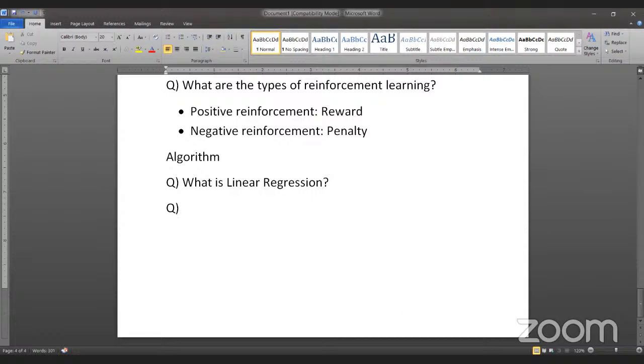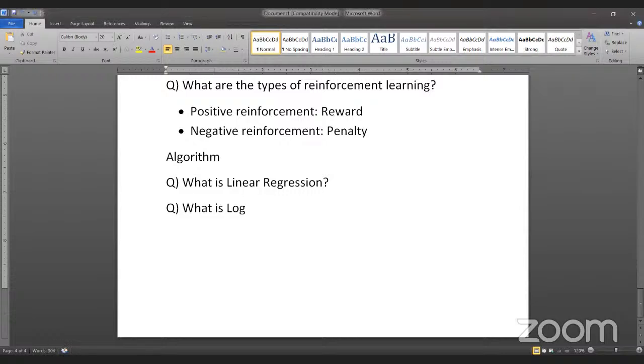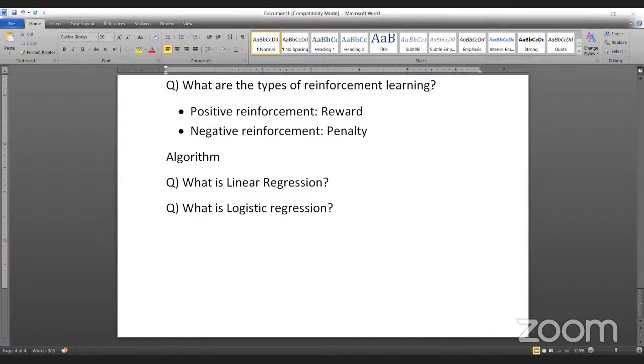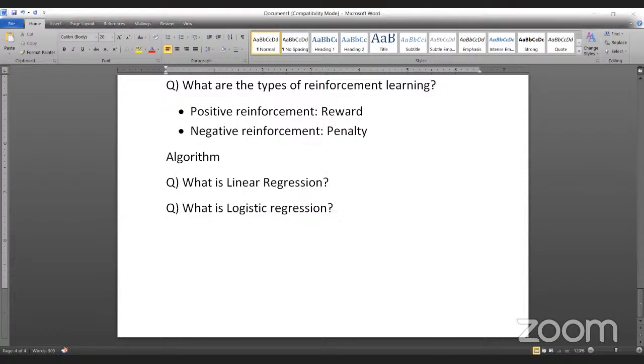Now next, what is logistic regression? Logistic regression is a classification algorithm.